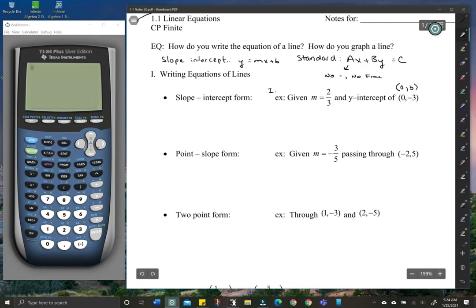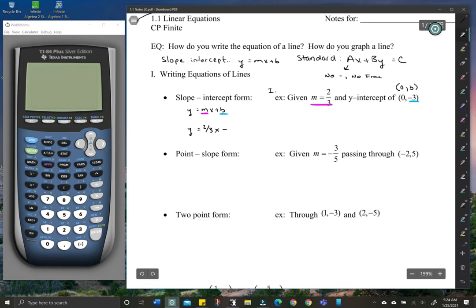Well, from slope-intercept form, we know that's y equals mx plus b. m is our slope, so I'm just going to plug that in. And b is our y-intercept, so I'm just going to put that in there. We get y equals 2/3 x minus 3.